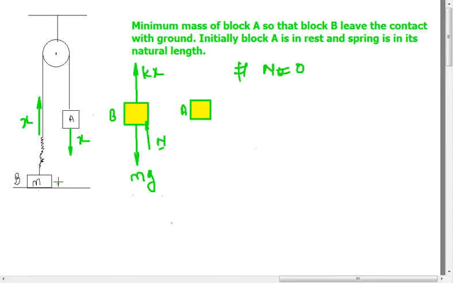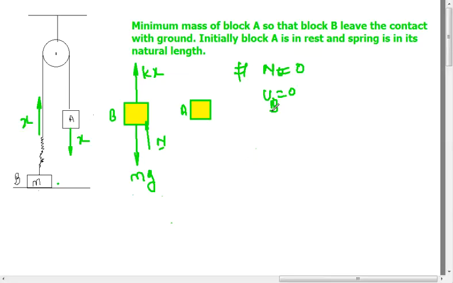So the velocity of B is going to be equal to 0.